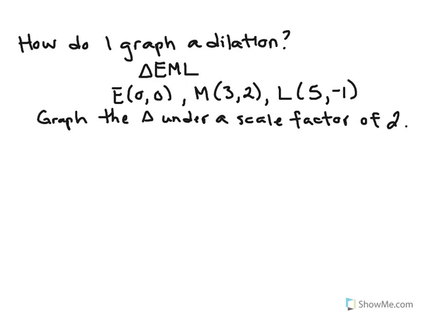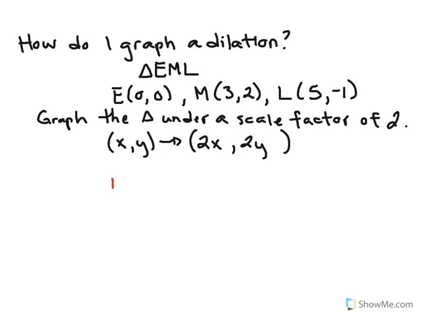So in other words, I'm going to give myself some instructions here. I have all these XY coordinates, and my instructions are, very simply, that whatever XY coordinates I have, I'm going to double them. I'm going to take my x's and multiply them by 2, and then take my y's and multiply them by 2.